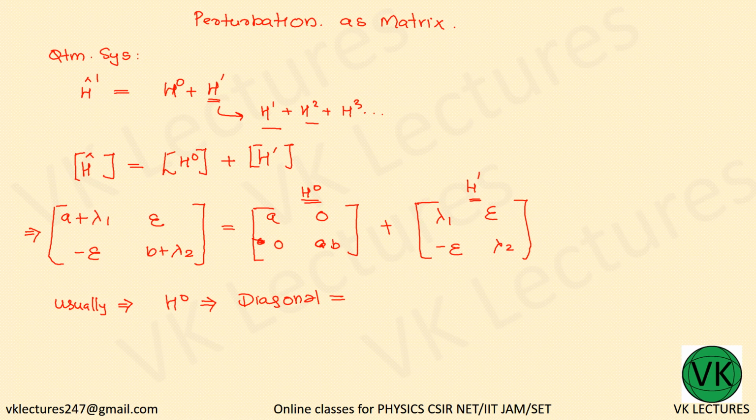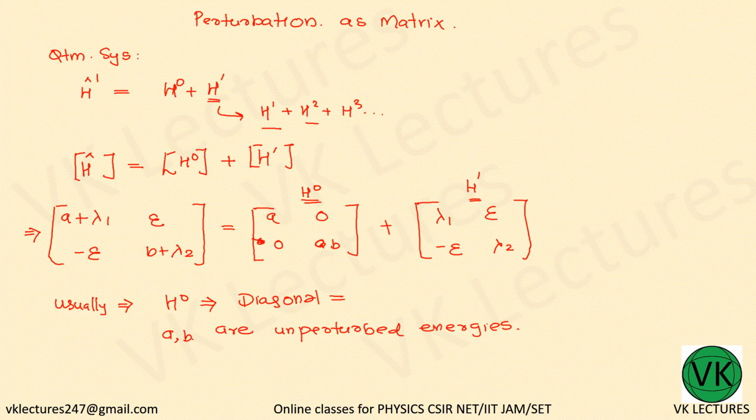Now if it is diagonal, the A and B, for example in this case, A and B are unperturbed energies corresponding to two states.